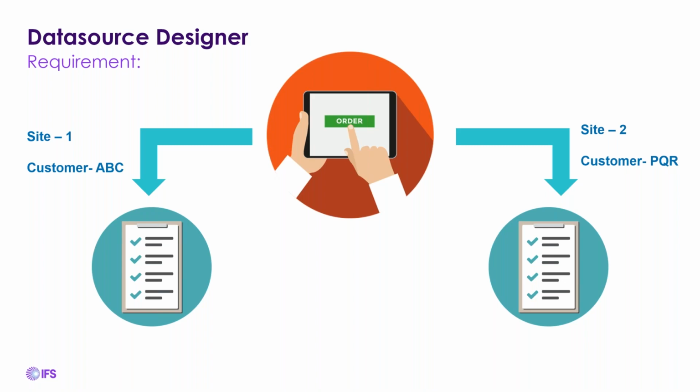Let's say I want to view customer orders for site number 1, but at another point, I want to see the customer orders for a different site. So this source should be able to accept parameters. So we take site and customer as input parameters here. Let's see how to create this data source with such a requirement.